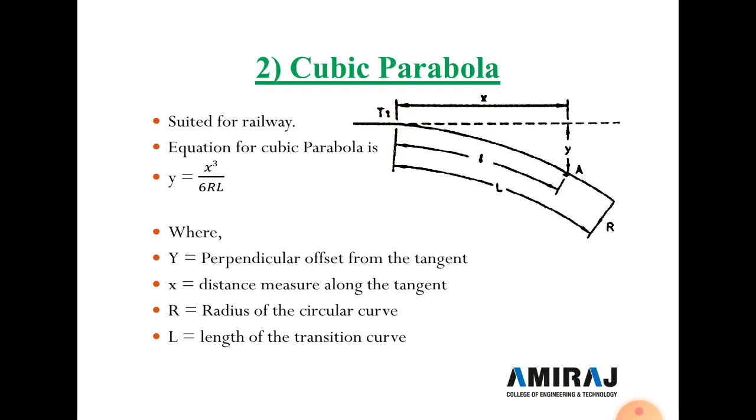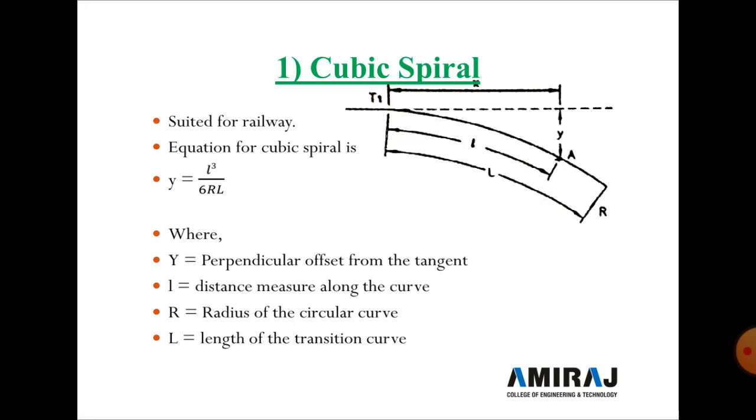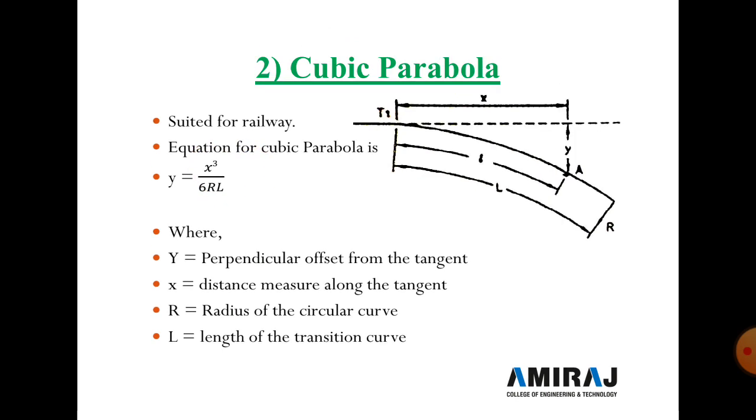Next is the cubic parabola. This cubic parabola transition curve is suited for the railway network, and the equation for the cubic parabola is y equal to x cube divided by 6RL. So what is the difference between the cubic spiral and the cubic parabola? In a cubic spiral, l cube divided by 6RL is given, but in a cubic parabola, x cube divided by 6RL.